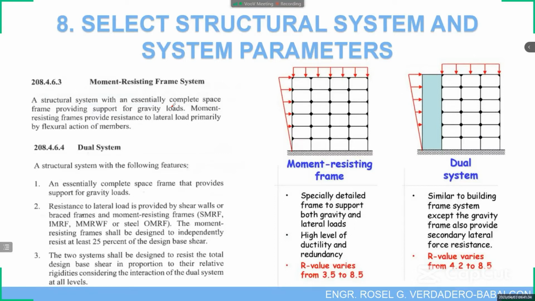The moment resisting frame has a high R value, or the redundancy factor. The response modification factor R is around 3.5 to 8.5. And also the advantage of the moment resisting frame is that it allows more openings for the architectural requirements, specifically for commercial structures.